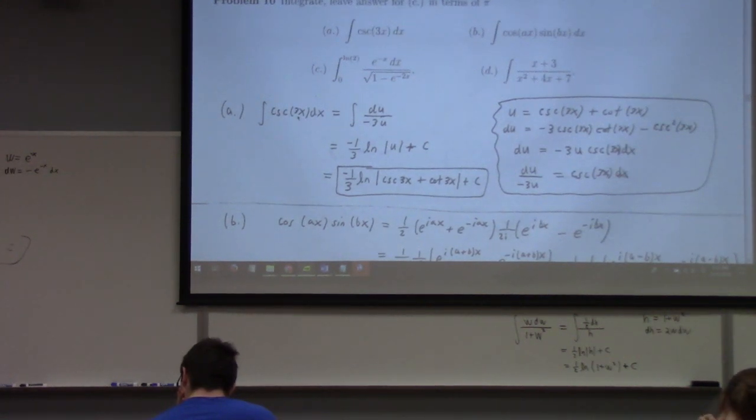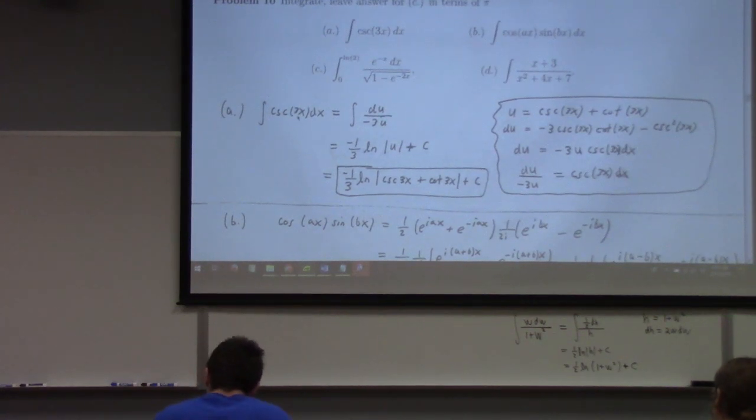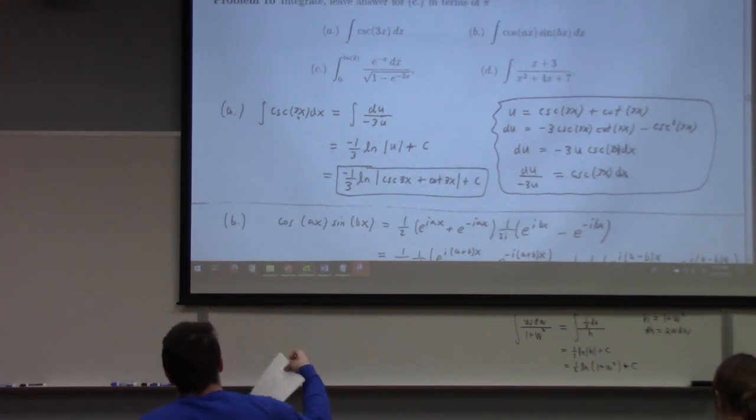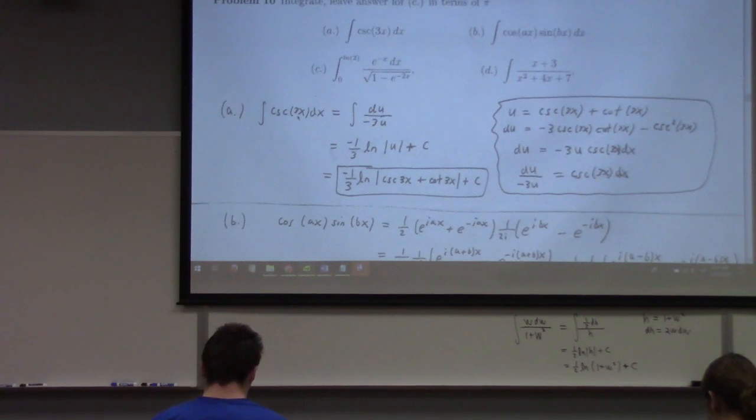What is cosecant? I'm dropping the 3 because that's just noise. All right? What would be a natural thing to do here would be just multiply by sine over sine, yeah?